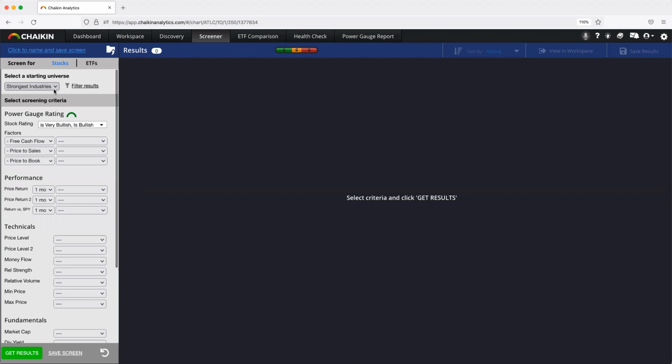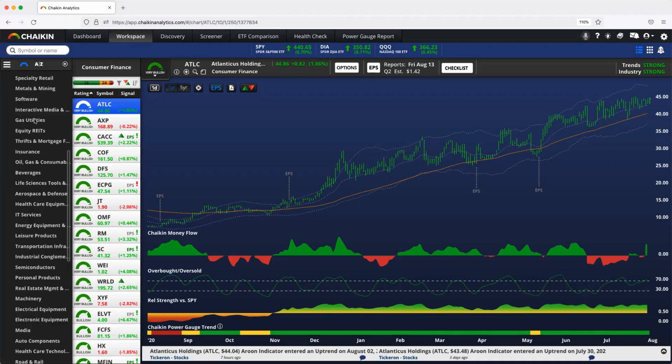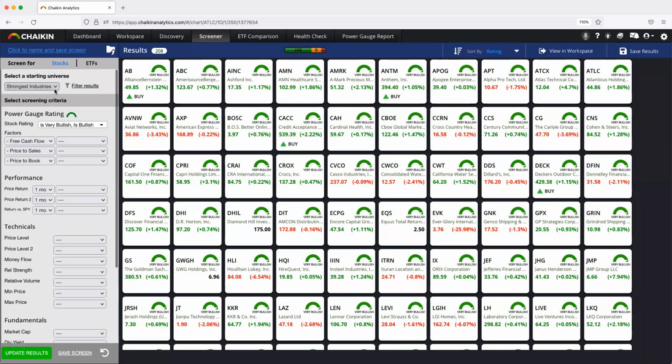So what does strongest industries mean? If I hit get results, I'm going to get too many. 208 stocks in the strongest industries that are bullish, 668 total. Strongest industries looks at this list of industry groups, and it takes the top 20% of the industries, just the top 20% up here, and creates that as the starting universe.